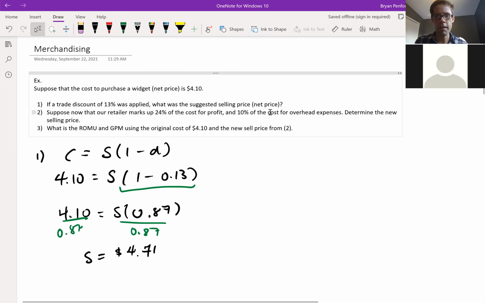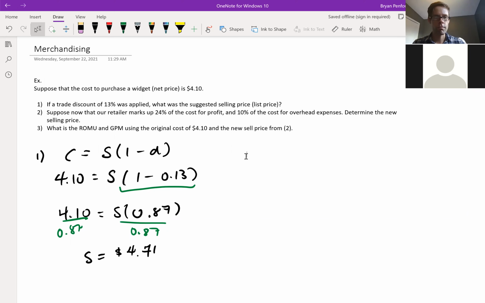I'm sorry, this is my fault, not yours, Alexander. I had the terminology backwards. So the cost to the retailer is the same thing as the net price, and the suggested sale price from my supplier is the same thing as what we call the list price in the textbook. Okay, so that was my fault, and I apologize.